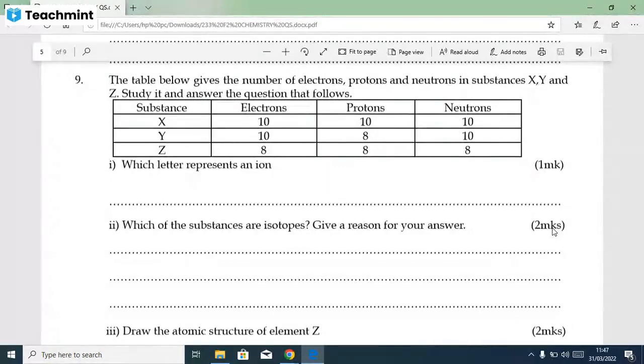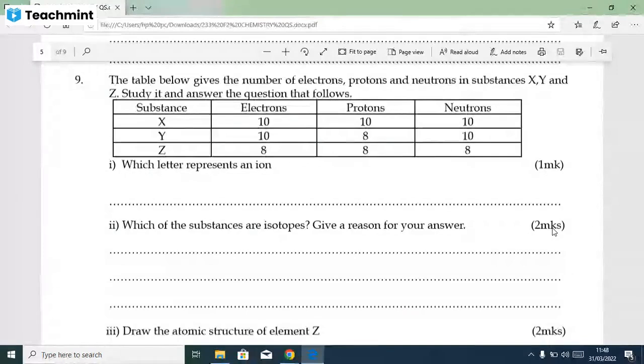What are isotopes? Tuanze hapo. These are atoms of the same element having the same number of protons but different number of neutrons. Si ni kweli? Iko na same number of protons lakini neutrons ni tofauti. Those are the isotopes.